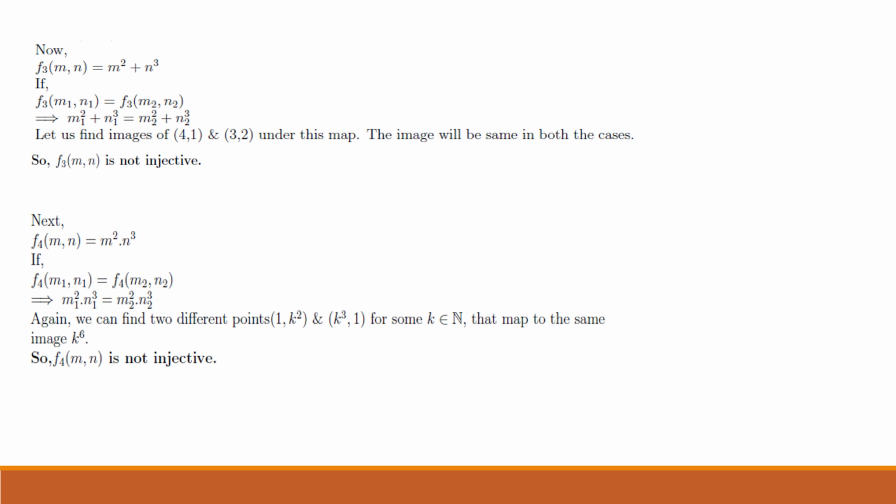So again we can find two different points, that is (1, k square) and (k cube, 1) for any k belonging to the natural numbers. So that will give you the same image point, that is k to the power 6. So f4(m, n) is not injective. Hence only option 1, that is f1(m, n), is an injective function and all the others are not injective.